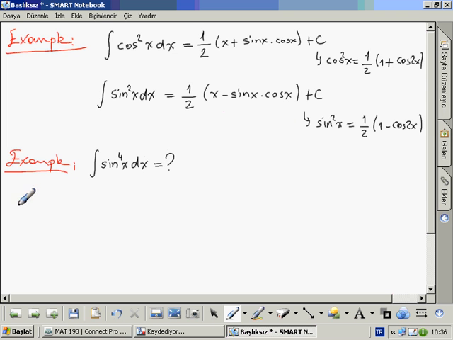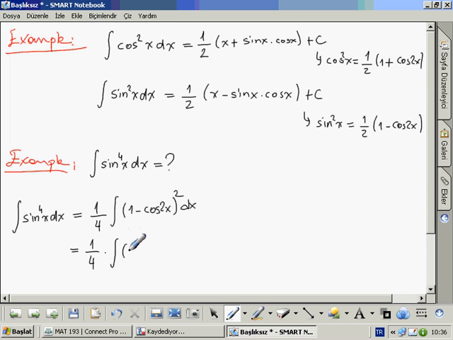The integral of sine^4 x dx equals 1/4 times the integral of (1 minus cosine 2x) squared dx, and after that 1/4 times the integral of 1 minus 2 cosine 2x plus cosine square 2x dx.